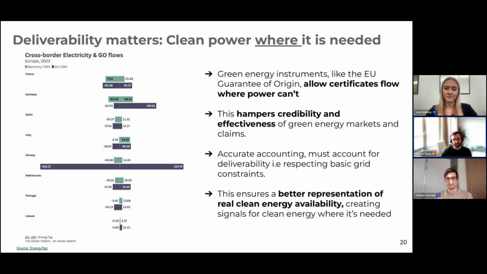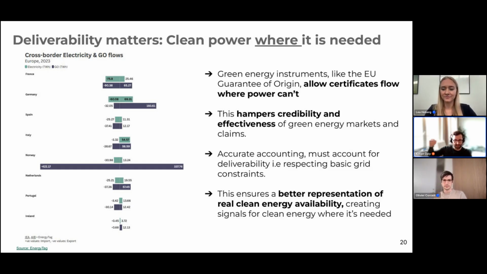The graphic here on the left basically shows the flows of guarantees of origin in navy and real electricity in green. And we see some large disparities. Germany, for example, imported about 70 terawatt hours of electricity in 2023. Meanwhile, 190 of green certificates. So there's way more green energy flowing on the books into Germany than there is actually in reality. And that obviously diminishes real signals for green energy in Germany.